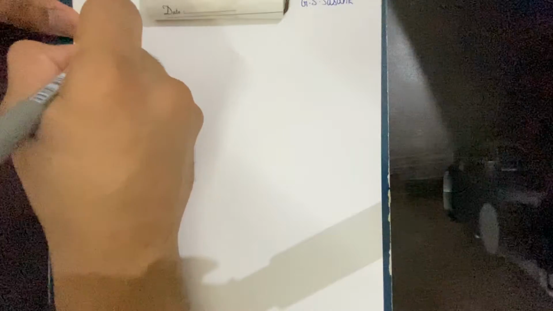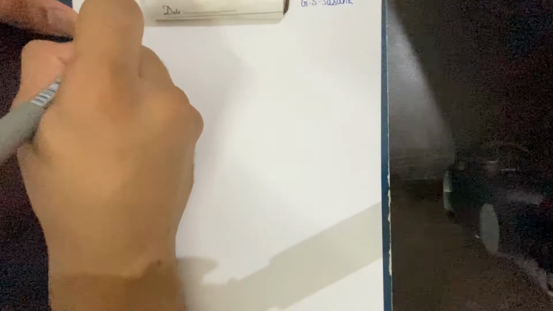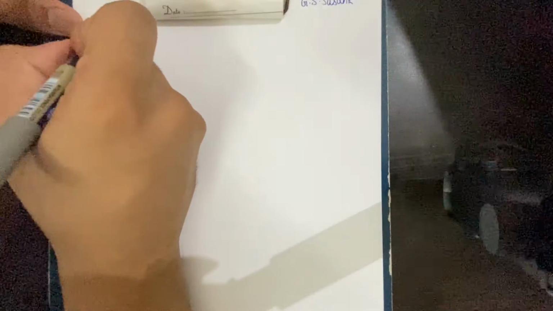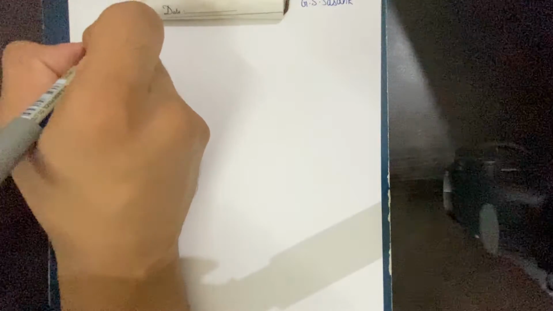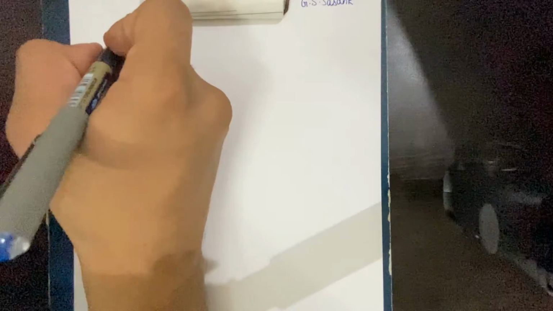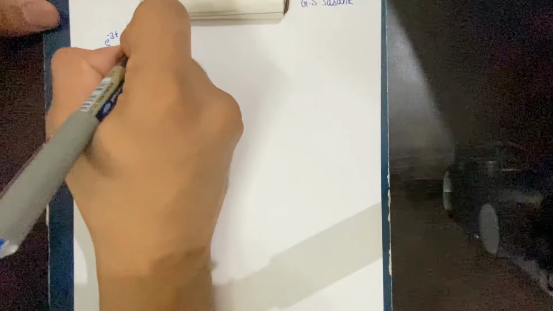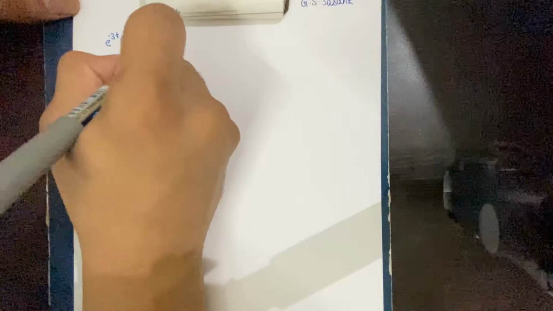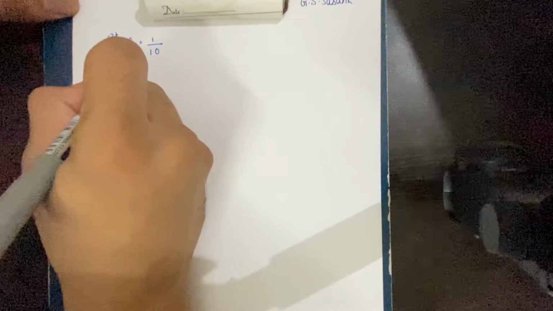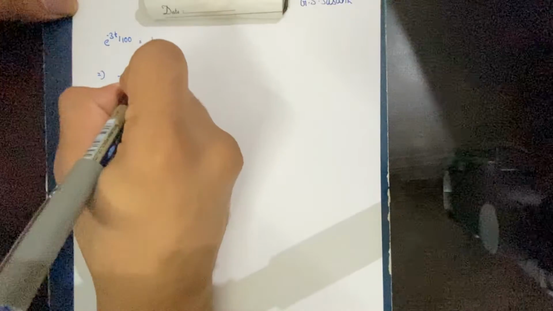So we initially had e power minus 3t by 100 equals 1 by 10, right? 0.1. So that is 1 by e power 3t by 100 equals 1 by 10.